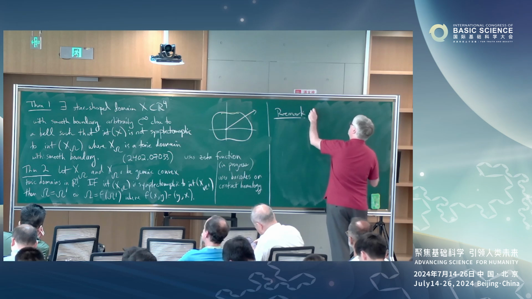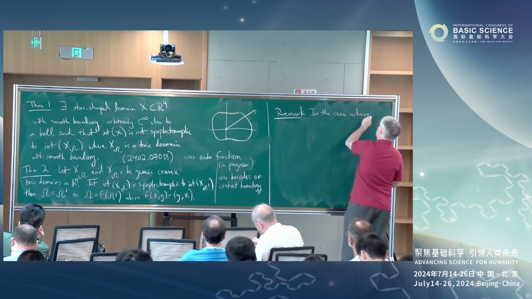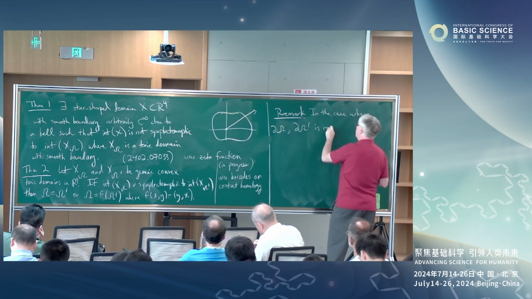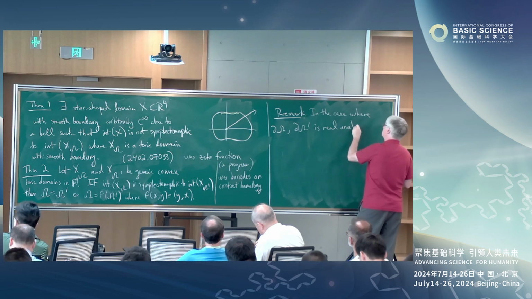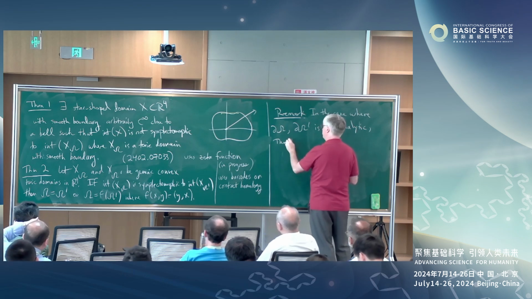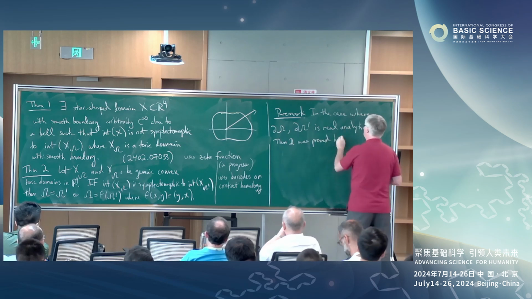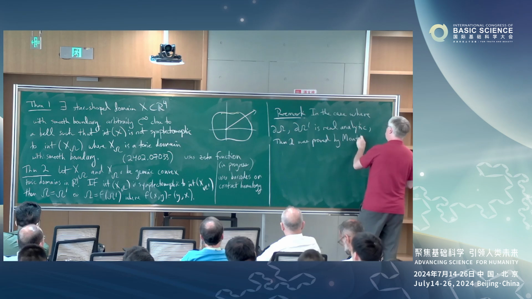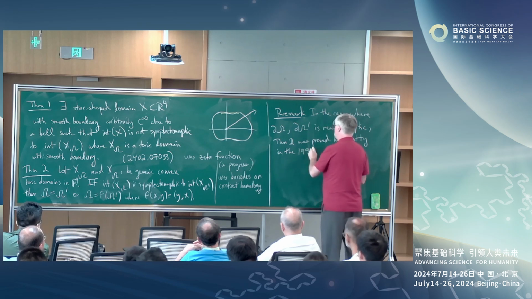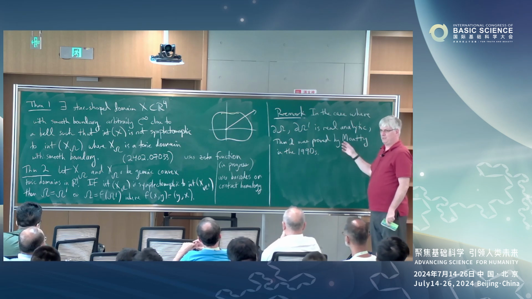In the special case where the boundary of omega and the boundary of omega prime is real analytic, theorem 2 was proved by Moati in the 1990s. I only learned about this work a couple of years ago, so it anticipated a lot of later developments.